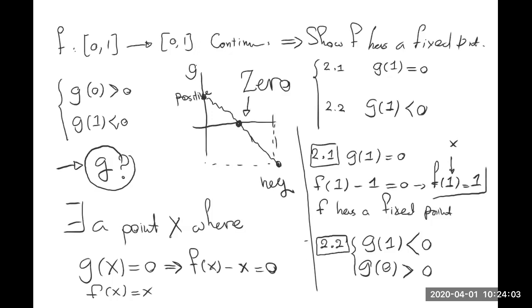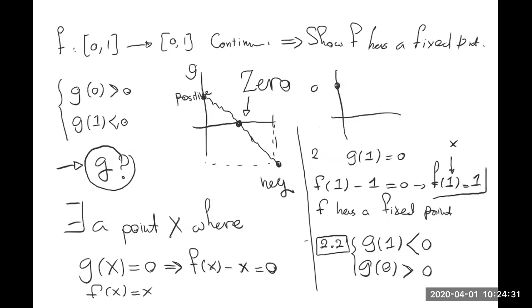And Kyle, it doesn't necessarily imply that the function takes values in the interval between g of 0 and g of 1. Although that's the case in my graph, the function might look like this. So this is g of 0, for example, and say this is g of 1.